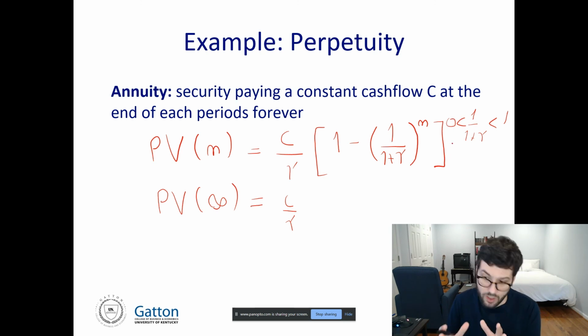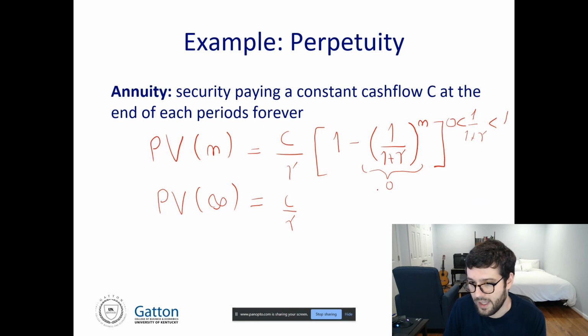And every time you have a number between 0 and 1, and you calculate the power of this number by a large number, this power goes to 0. Okay? So this number here is going to approach 0 when n gets very large, which implies that the term in brackets approaches 1.